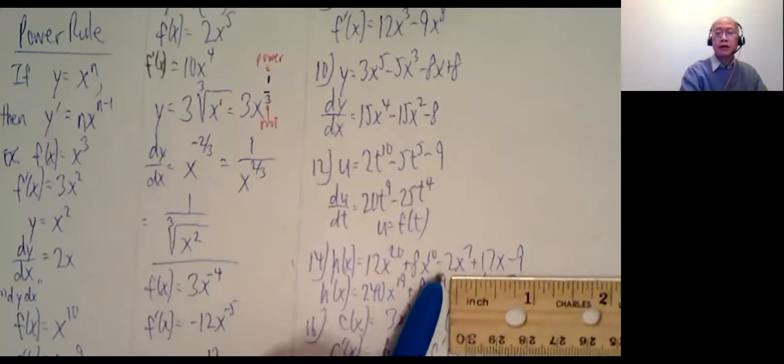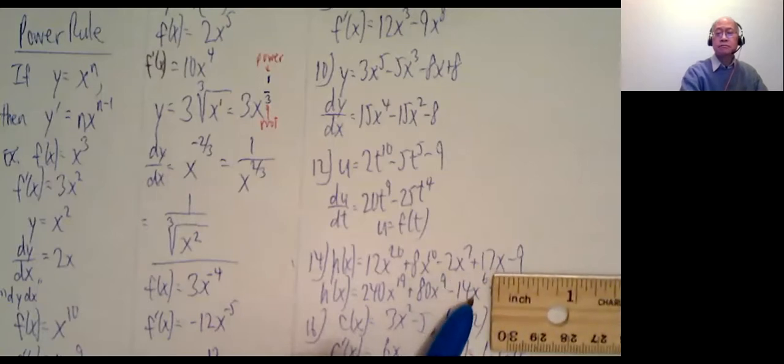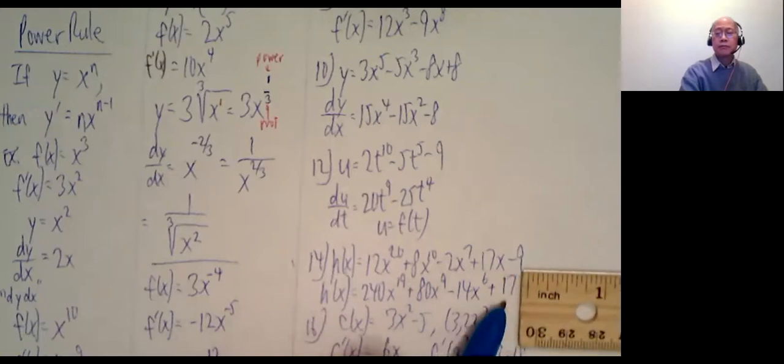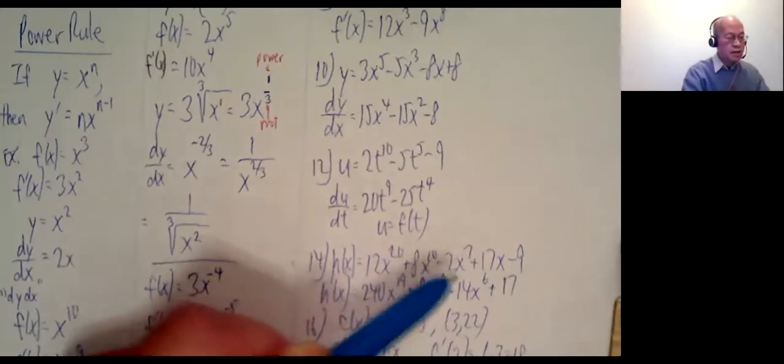Okay. And think about the next one. Negative 2x to the 7th. What should it be? Negative 14x to the 6th. Plus derivative 17x, 17. And derivative negative 9 is 0. So that's that.